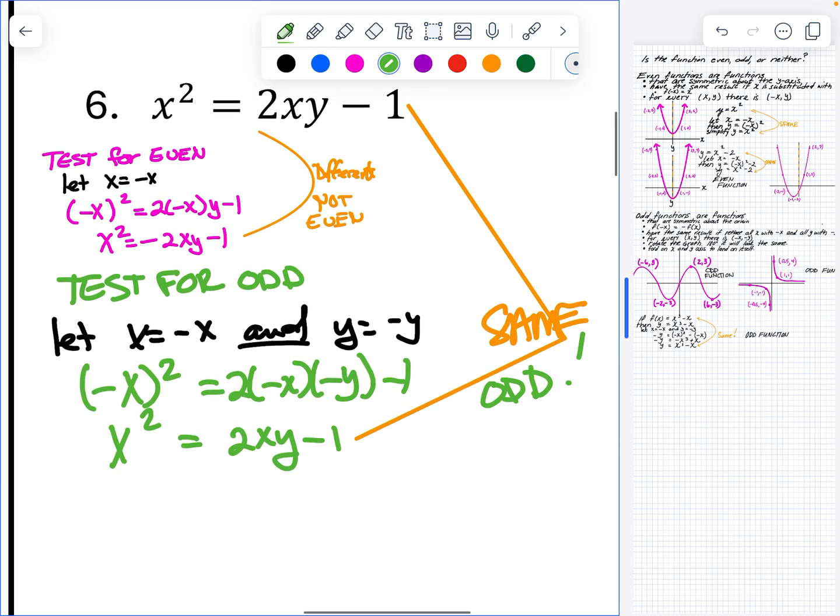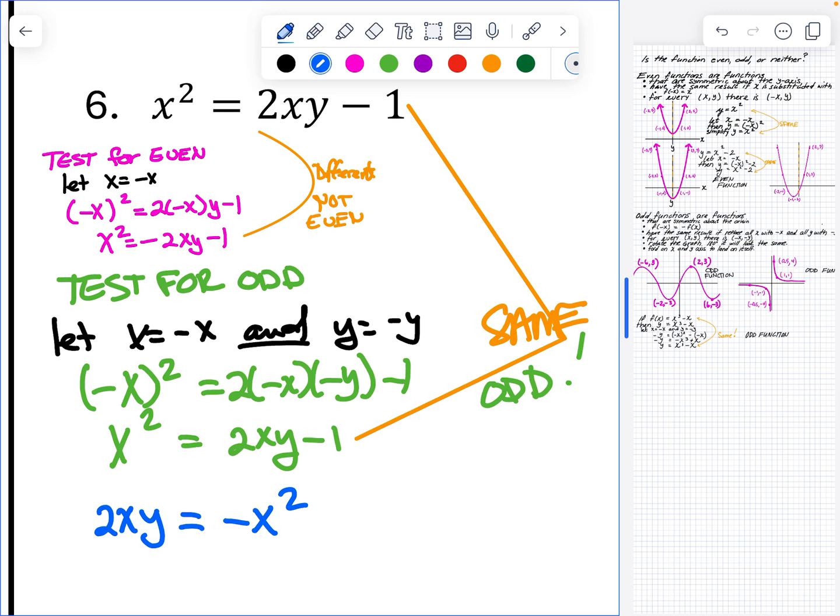If we would have done it algebraically, let's do it algebraically in blue.